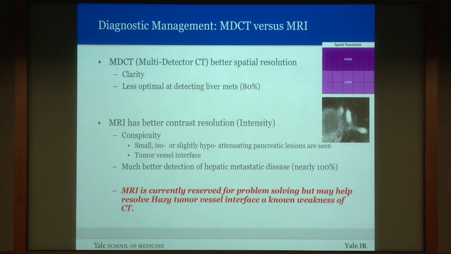Currently, MRI is mainly used to further characterize or potentially screen for small pancreatic lesions. However, it does have a promise of better defining some of the hazy perivascular findings we see on CT, which, as you'll hear about in a couple minutes, really defines the stage of these tumors.